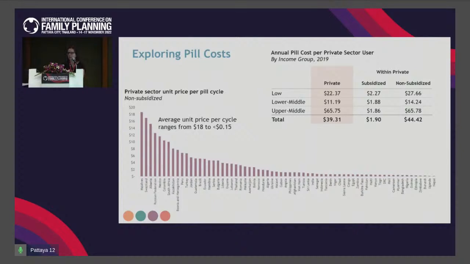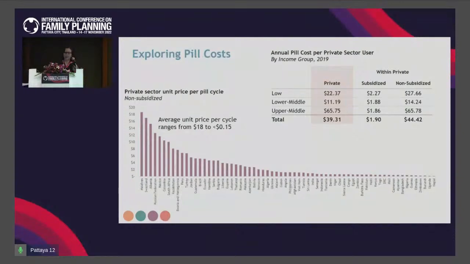In the summary table at the top there, this is taking that kind of unit cost per cycle and multiplying it out by the average number of cycles that women need over the course of the year to think about, well, what does that look like in terms of a cost per user per year? And we see getting quite high in upper middle income countries at $65.